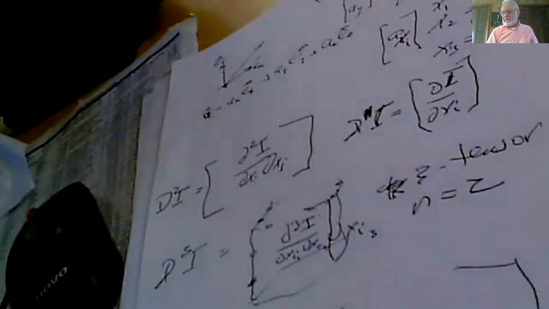And then finally, we can take the result of one application to one vector and apply it to another vector. Apply the result to another vector. So if we start out with a 3 tensor, and we apply it to a first vector, we get a 2 tensor.